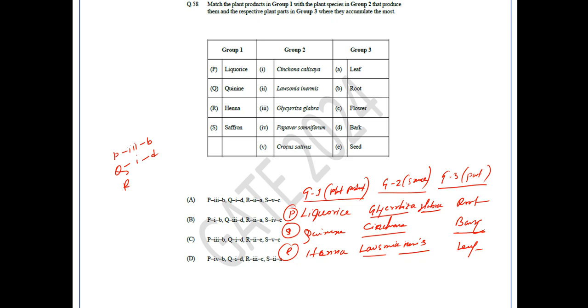So R matches with 2 and with A. And lastly, if we see saffron, saffron is obtained from Crocus sativus, and the part used is actually the flower, or more precisely the stigma.